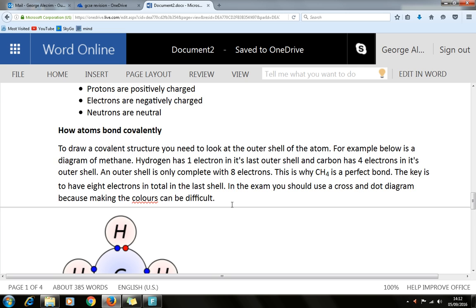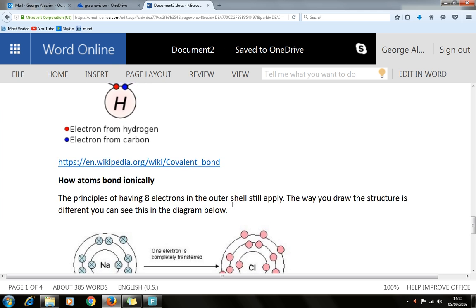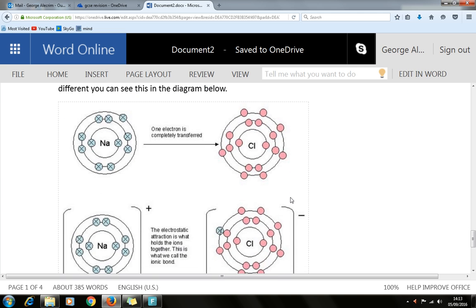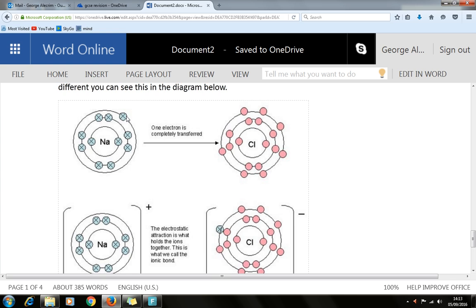They share. Now, ionic is a bit different. Ionic transfers, is how I would explain it. So there's one electron from sodium, and another one from chloride here. Chloride only needs one to make 8, and by getting rid of one electron, sodium will have no outer shell. So it's an easy bond.